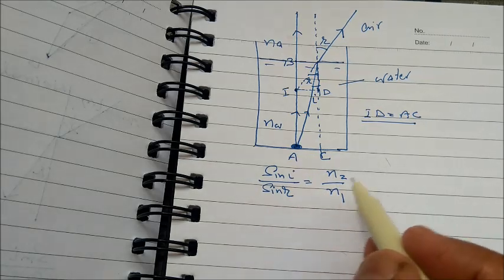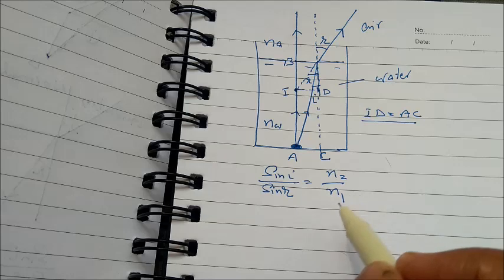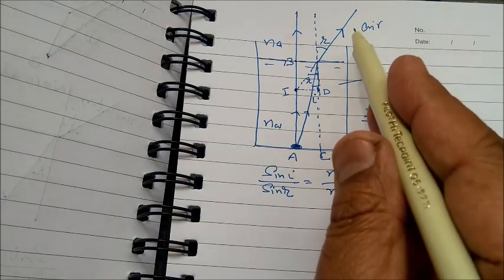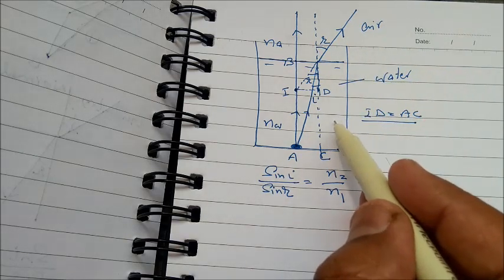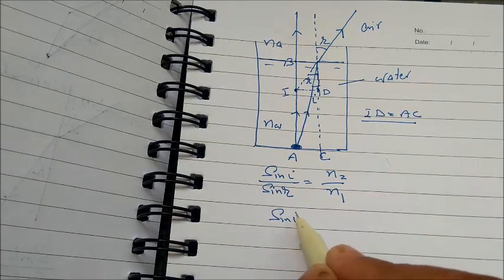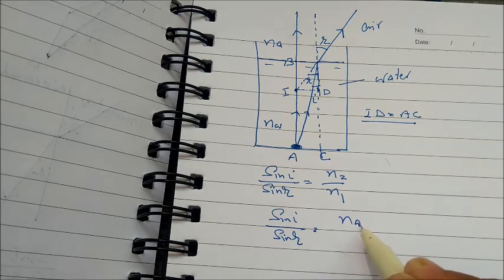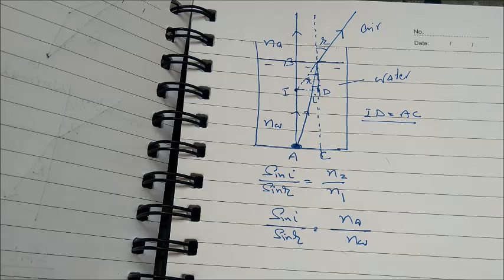So sin i upon sin r is n2 by n1. This is the first medium, this is the second medium. I can even write it: n2 means air, n1 means water. So sin i upon sin r is the refractive index of air upon the refractive index of water. Now we will make one assumption.